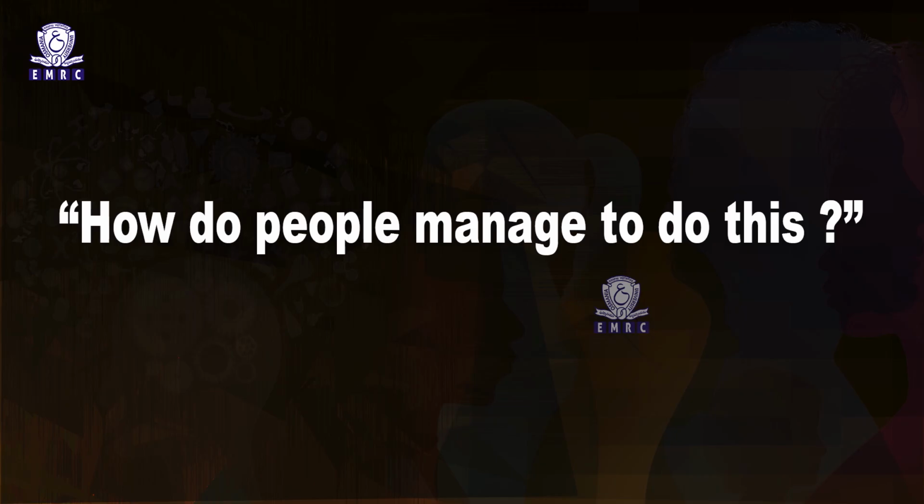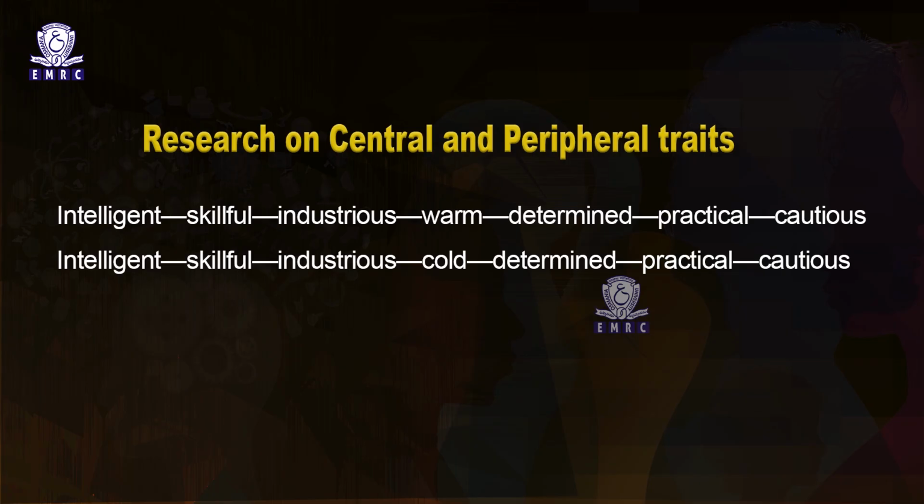How do people manage to do this? The famous experiment supported that there is a tendency among people to conform to majority opinion rather than their commitment to what they perceive to be true. Now, in the experiment, there are two lists of words like intelligent, skillful. There are some 8 to 9 words, as you can see, in which more or less the words are similar except for warm or cold.